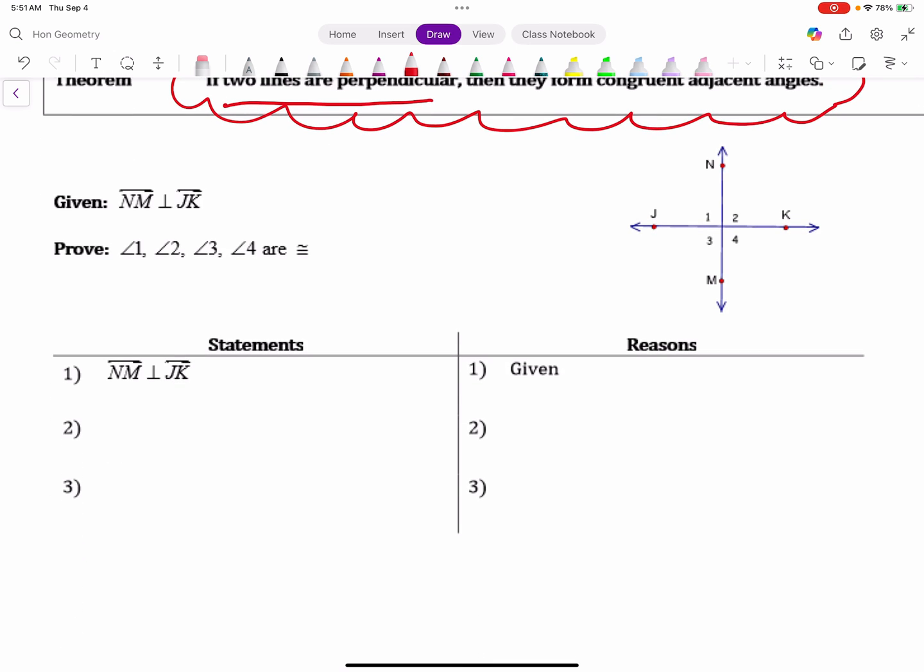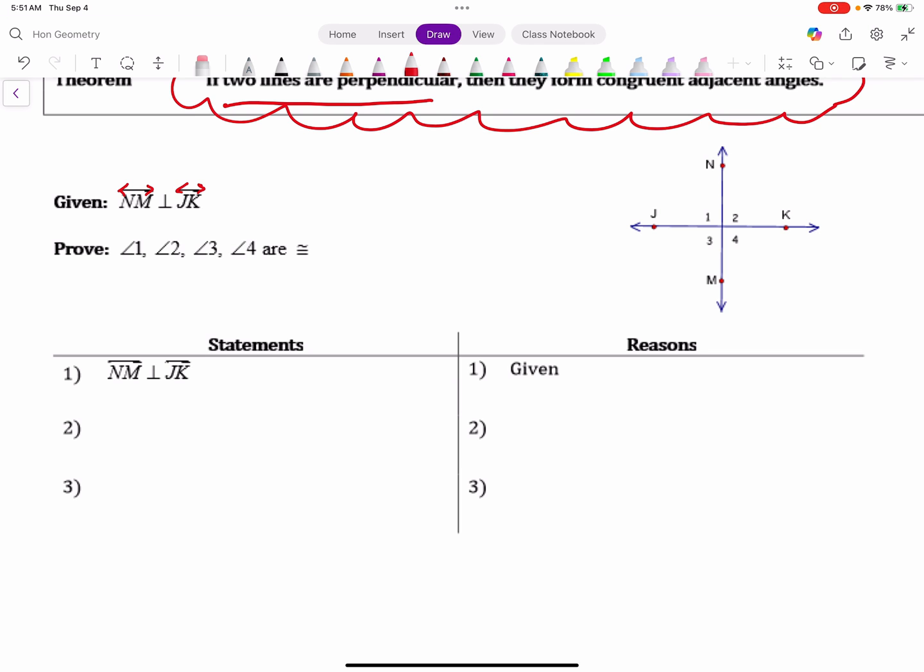So here's what we've got. We have our given that NM, this looks weird, NM is perpendicular to JK. We're trying to prove that angles 1, 2, 3, and 4 are all congruent.